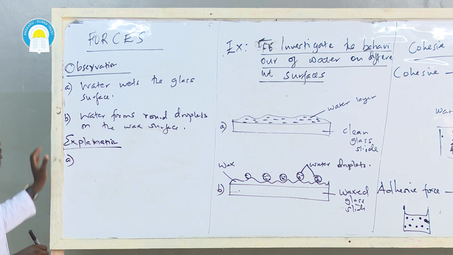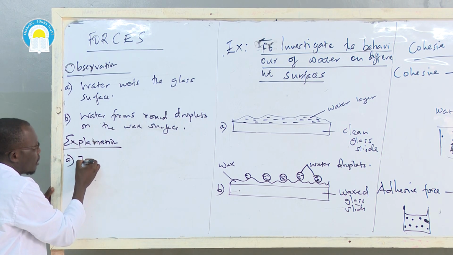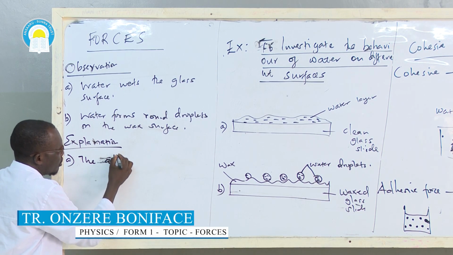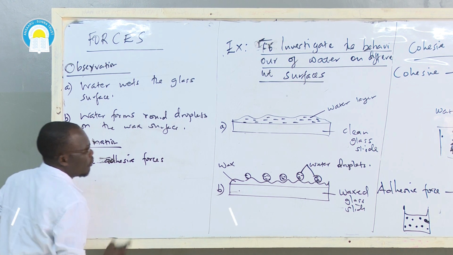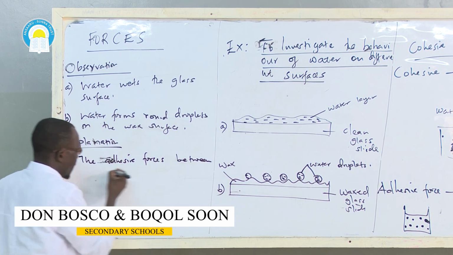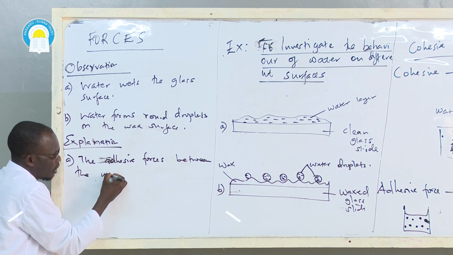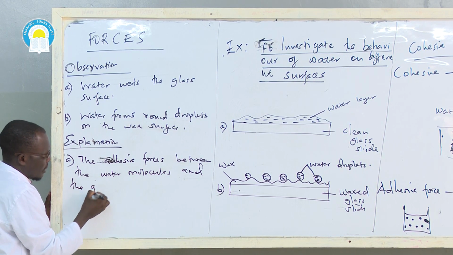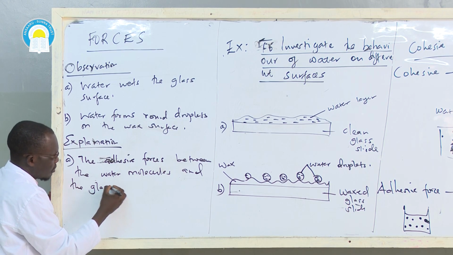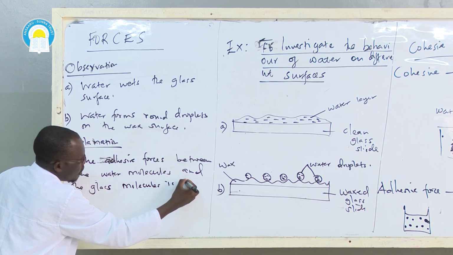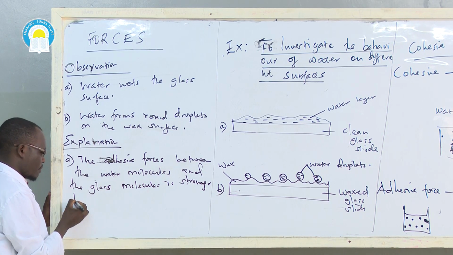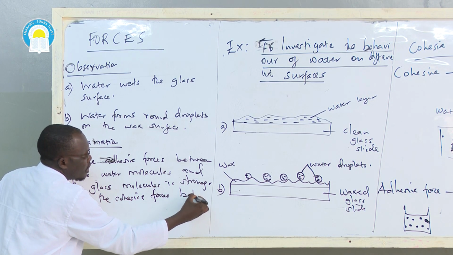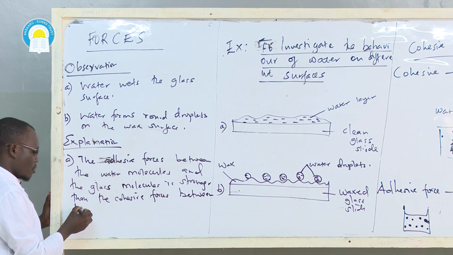In A, the water wets the glass surface because the adhesive forces between the water molecules and the glass molecules are stronger than the cohesive forces between the water molecules.